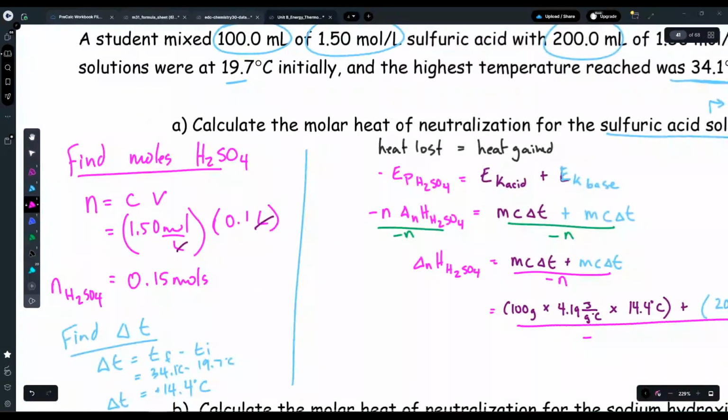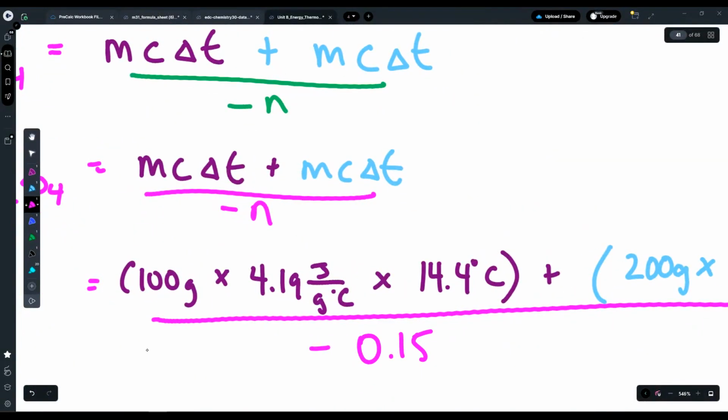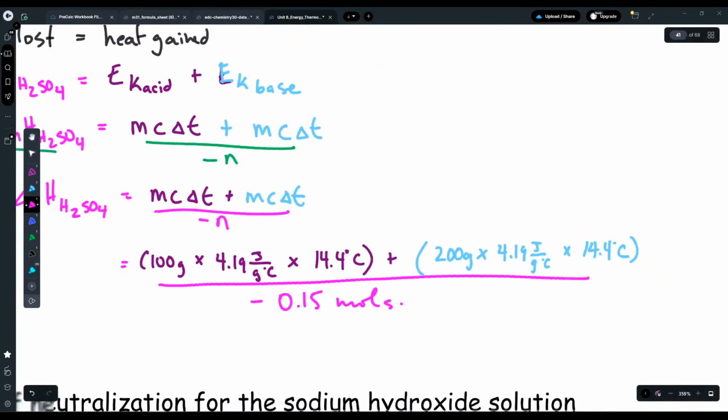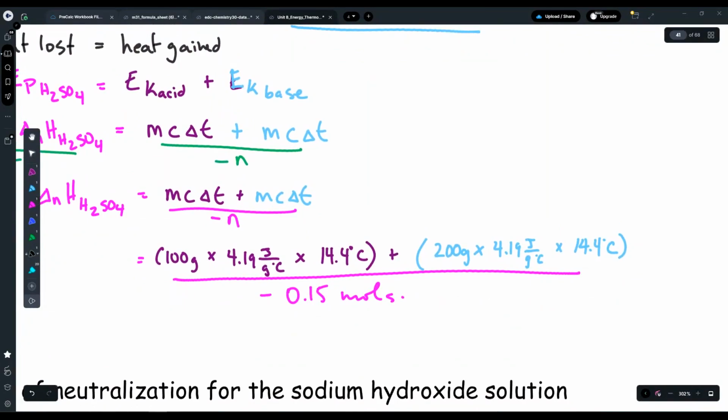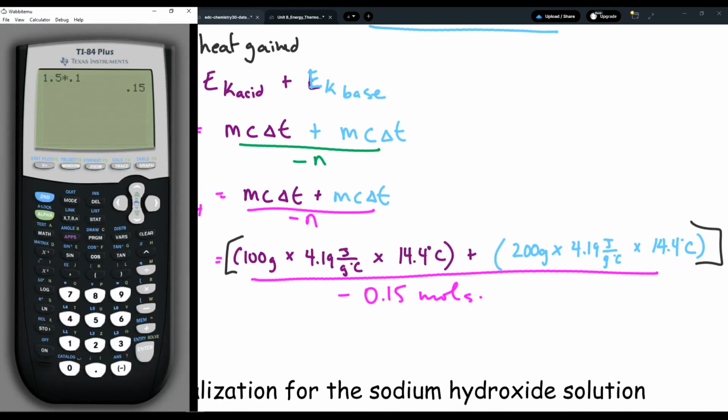And then our moles for sulfuric acid was 0.15. So how I'm going to be entering this into my calculator, I'm going to want to double bracket the numerator, just so that it's very clear to my calculator what's in the numerator and what's in the denominator.